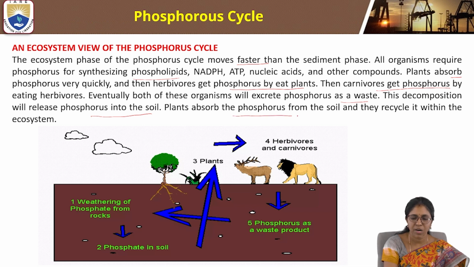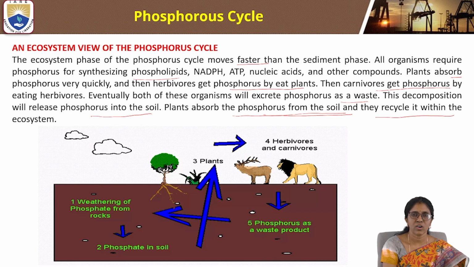Plants absorb the phosphorus from the soil and recycle it within the ecosystem. So the ecosystem phase of the phosphorus cycle moves faster than the sediment phase.